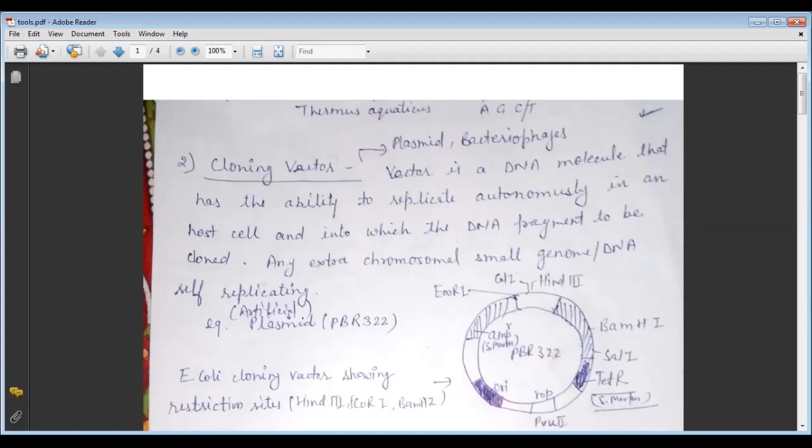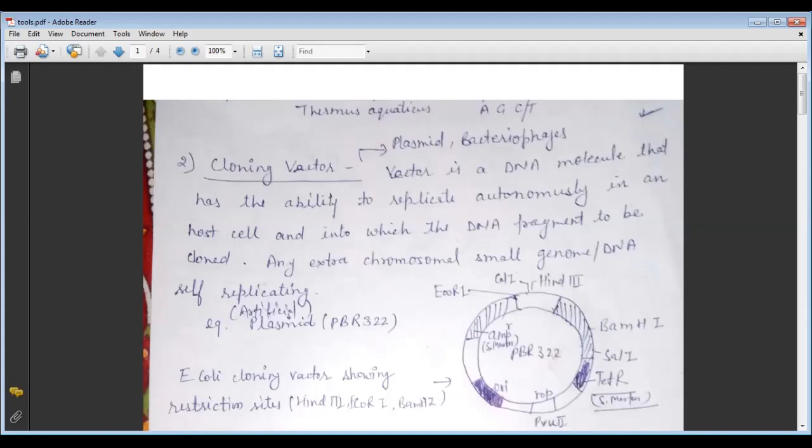Here there are two vectors: first is the plasmid and second is the bacteriophage. The plasmid is a small circular double-stranded DNA molecule present in prokaryotes, in addition to the chromosomal DNA, and it may replicate independently of the chromosomal DNA.